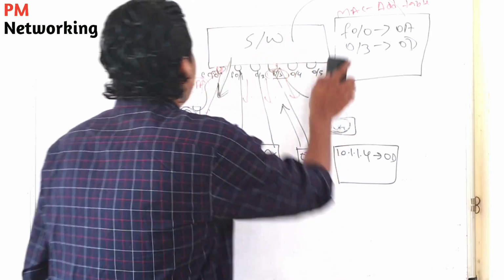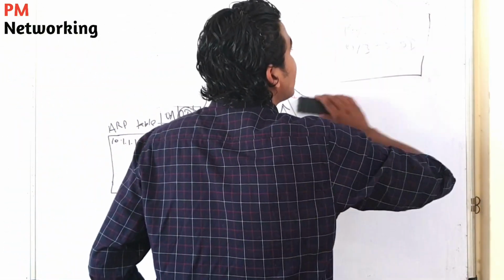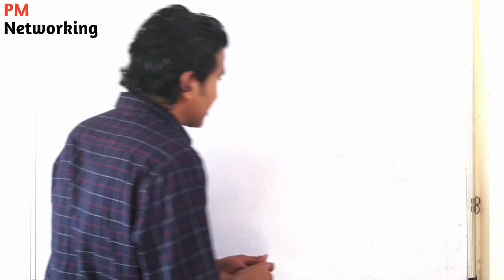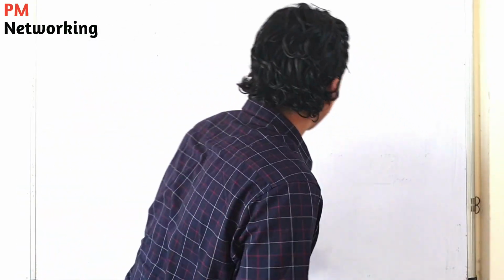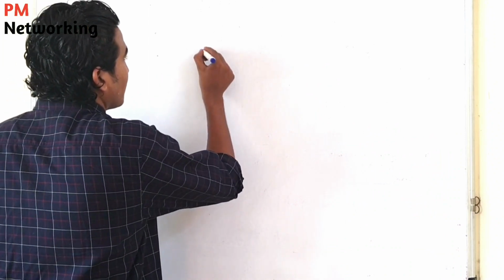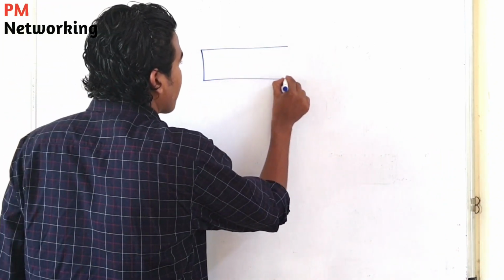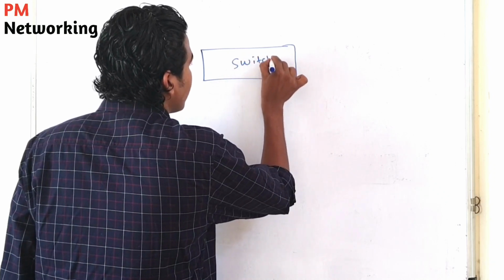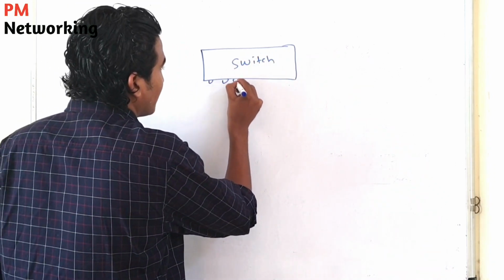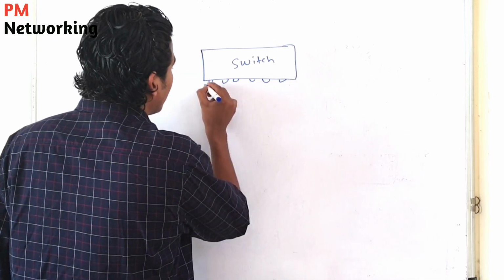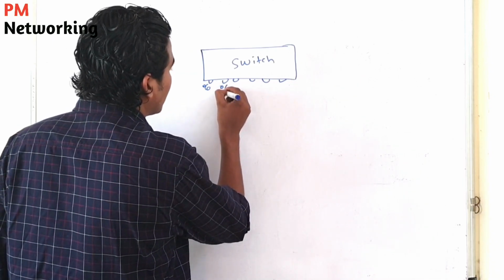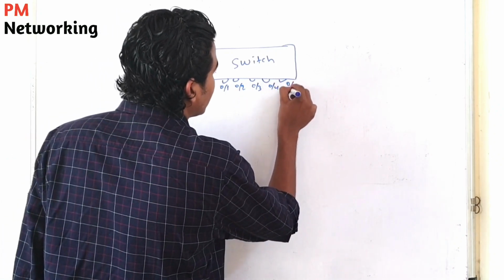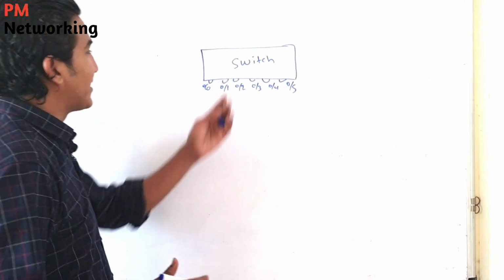Okay, so let me draw the same topology again. Switch ports 0/0, 0/1, 0/2, 0/3, 0/4, 0/5 are the port IDs, right?